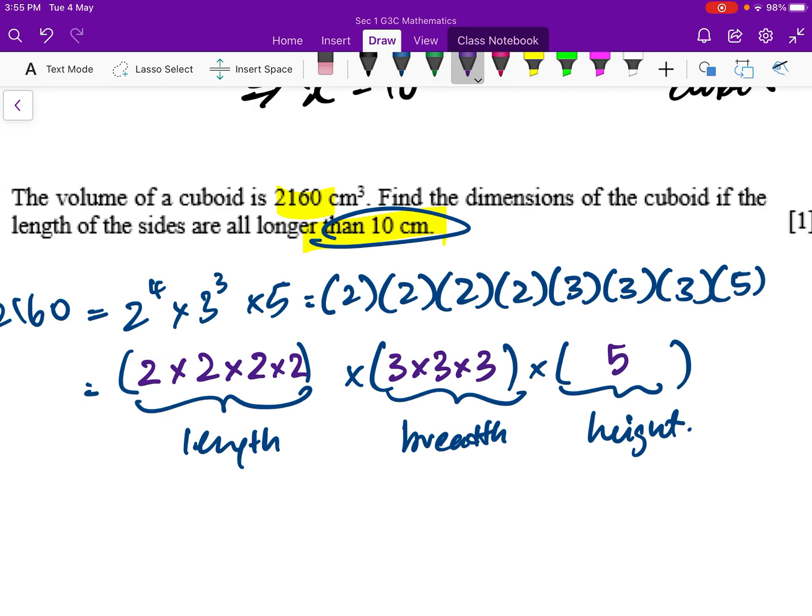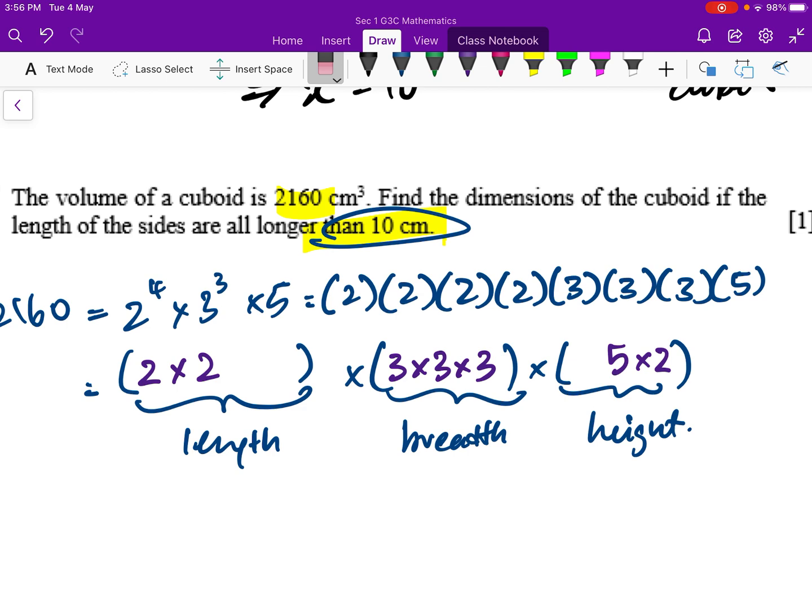So we need to make some changes to it. Now I cannot just remove a 2 over here because that leaves me with the length of only 8. I can't just put a 2 over here because now my length is less than 10. So we have to do more trial and error. So what if I remove another 2?